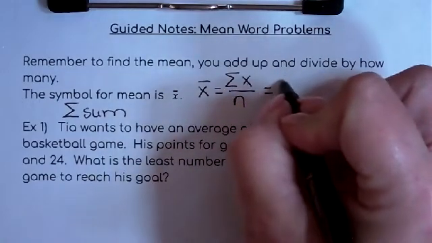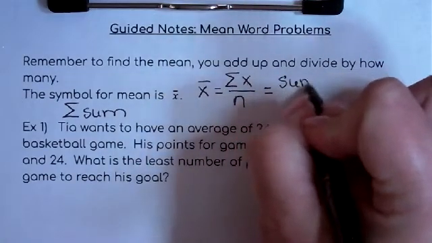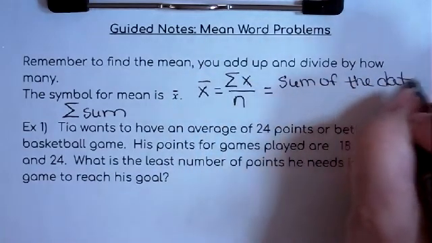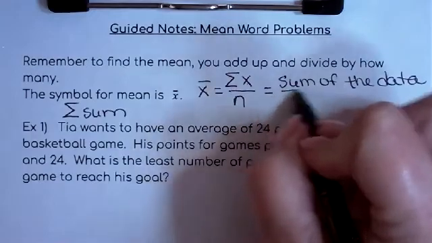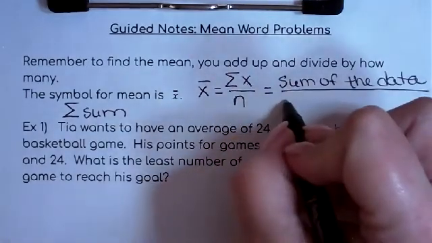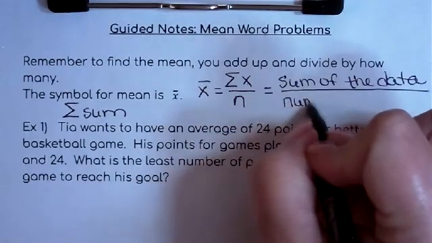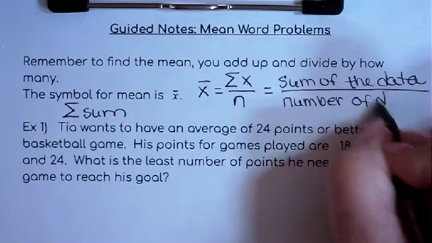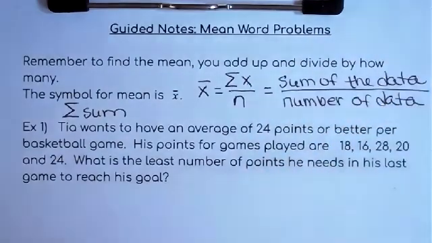So some people will say find the sum of the data. Okay, and you're going to divide it by, now the lowercase n is the number of data. Okay, so that's the how many.